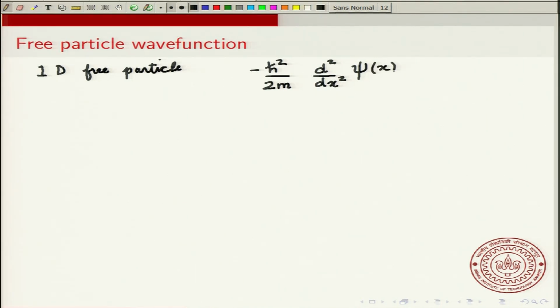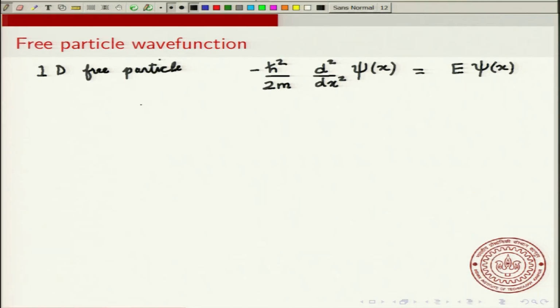X is a one dimensional coordinate. This should be some energy times the wave function of x. Up to constants, it is just saying that d square psi by dx square is a constant times psi.